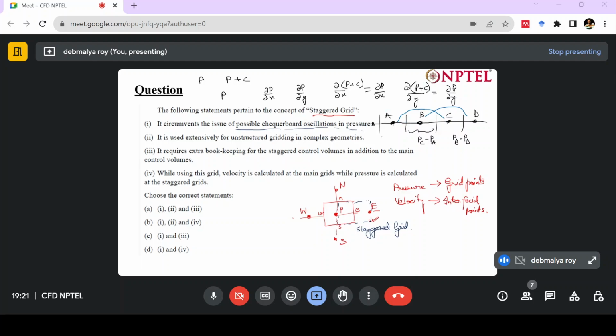So we can definitely have, let's say, a pressure P here, P plus C here, P here, and P plus C here.